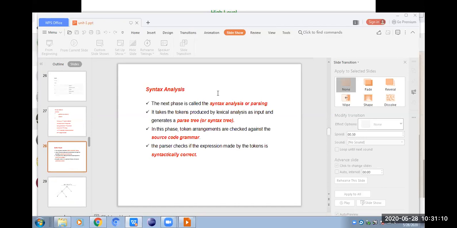In the syntax analysis, it will generate a syntax tree or parse tree internally by using those tokens or lexemes. It will try to construct a tree that is called a syntax tree or parse tree.